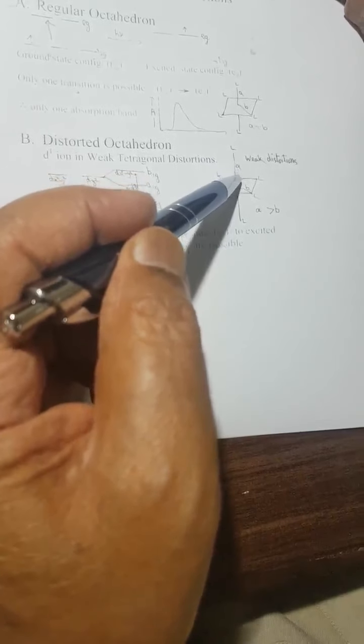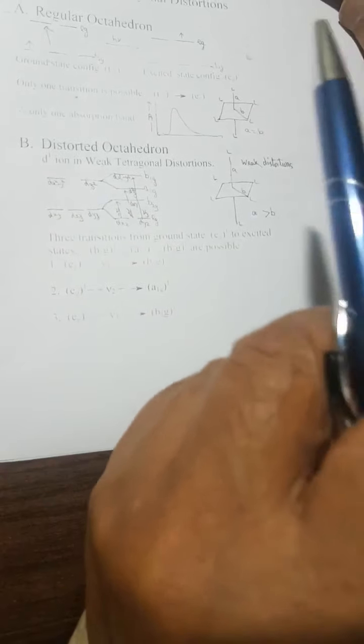So what happens? When this ligand goes further away from the center, that means this orbital, the dz square orbital, is stabilized. It becomes cool, less hot, so it comes down.